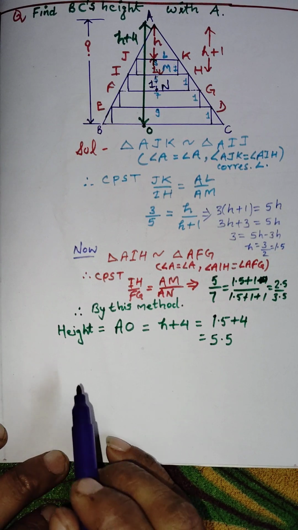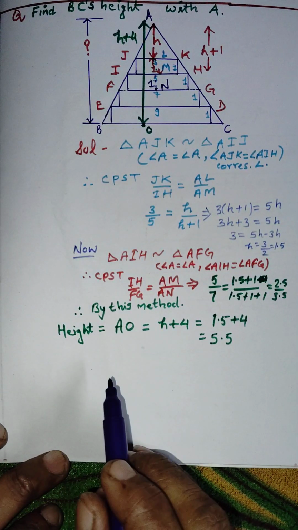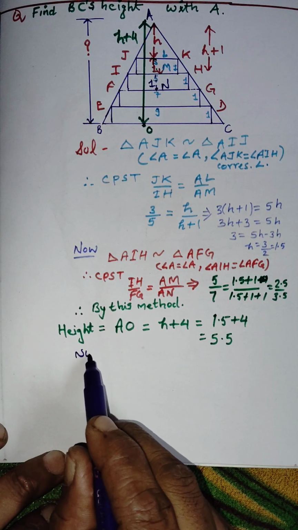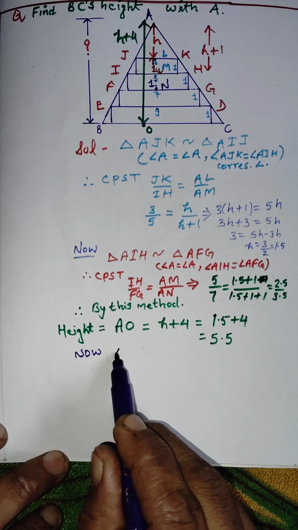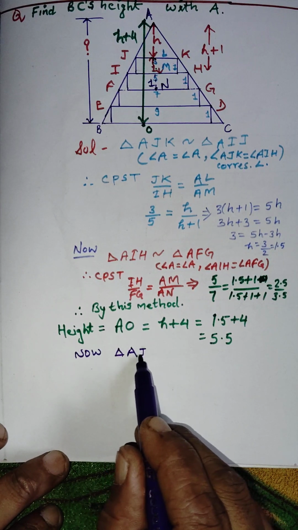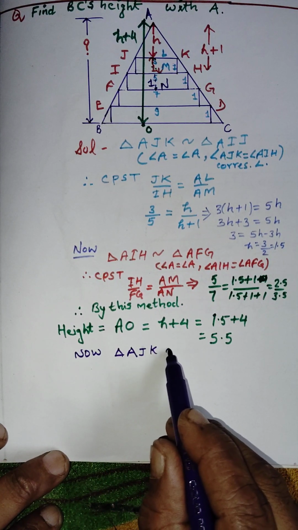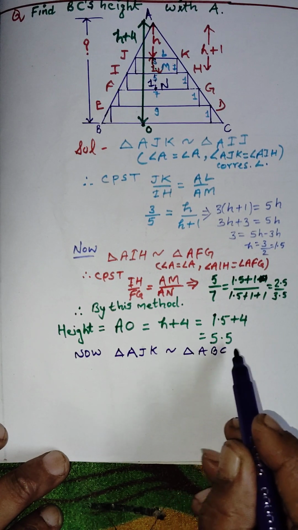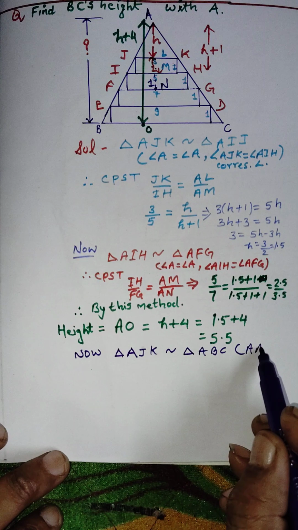By this method, if we want to find the base BC, then we can consider two triangles. Triangle AJK is similar with triangle ABC by AA similarity.